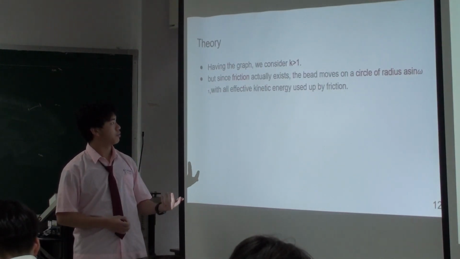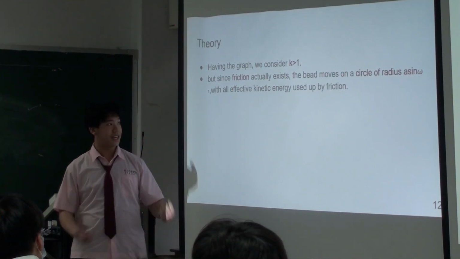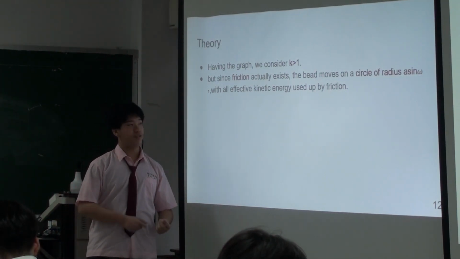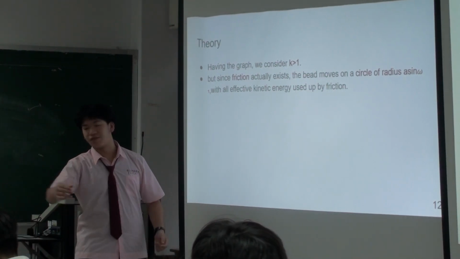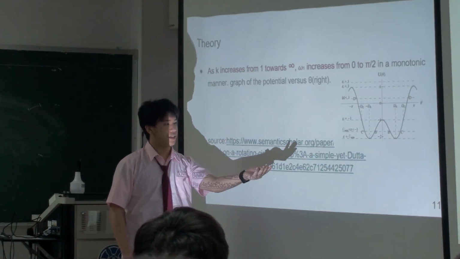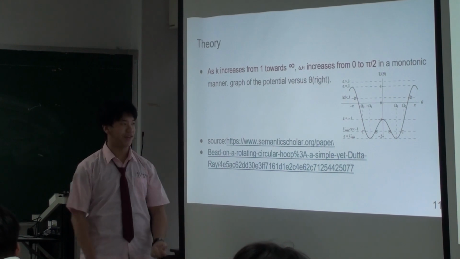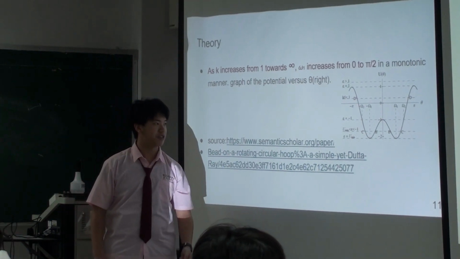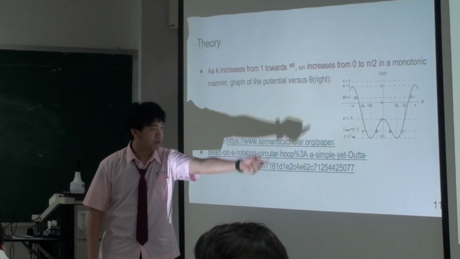Having a graph, we can consider k over 1, but by this we can see that we should consider friction. On the previous page, you can see that the effective potential is actually higher, so you may think that the bead will oscillate between here, which is omega 2 and 0.